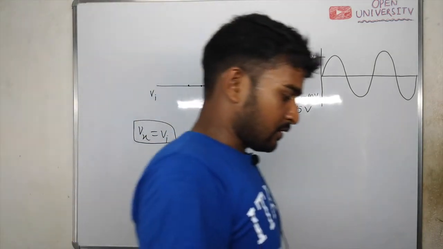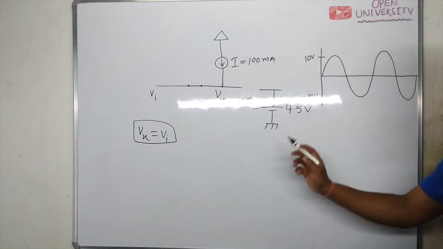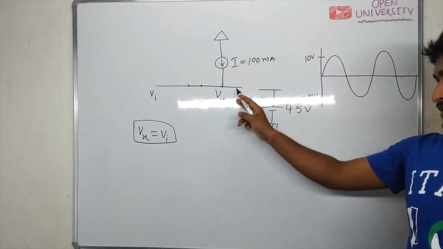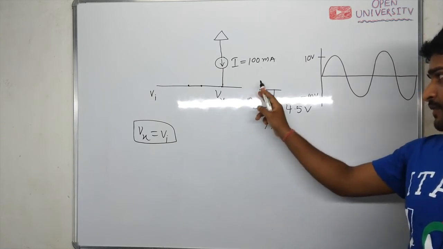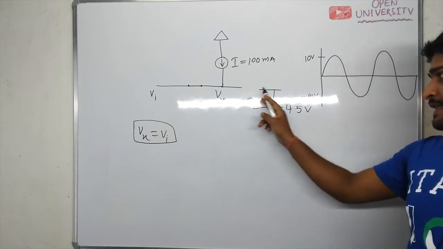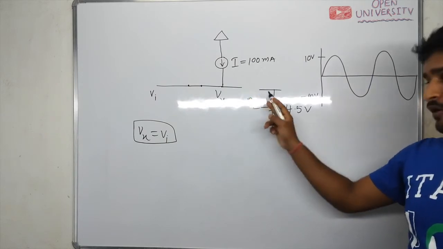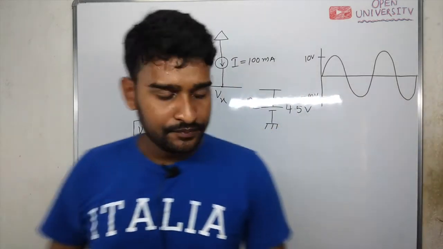Now understand the D2. Your diode connection is like this, anode to this side and cathode to this side. If this side voltage is less compared to this 4.5 volt, then D2 will be off. So write down this point.